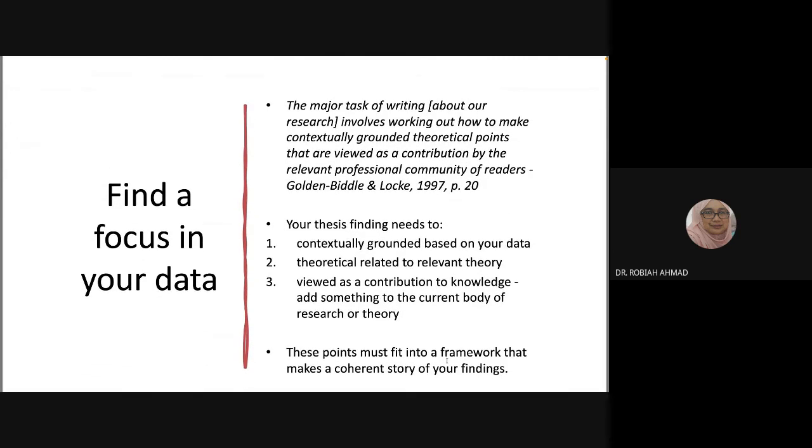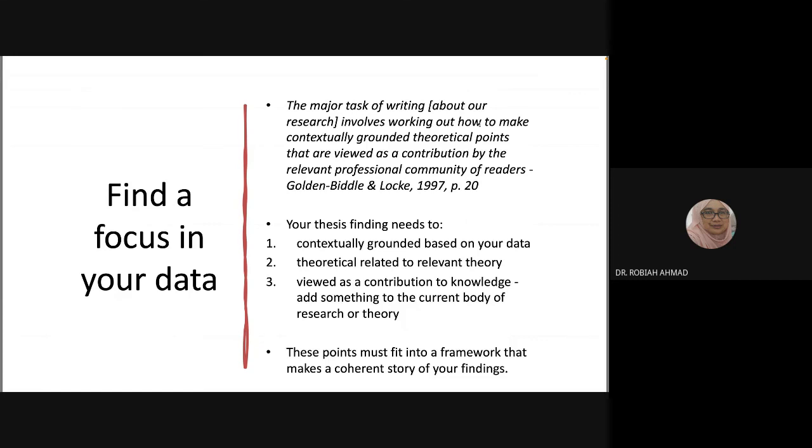In reporting your data, you should have a focus. The major task of writing about our research involves working out how to make contextually grounded theoretical points that are viewed as a contribution by the relevant professional community of readers.